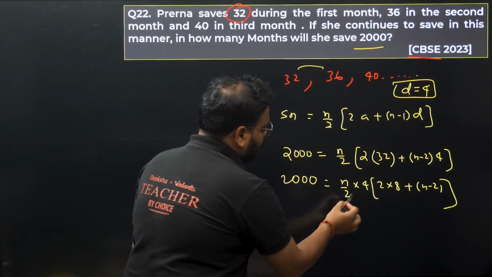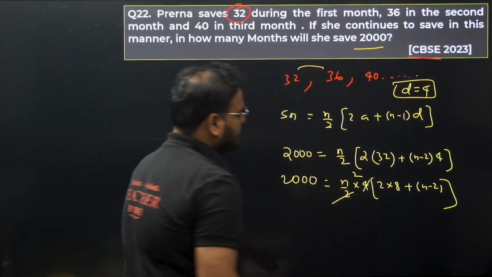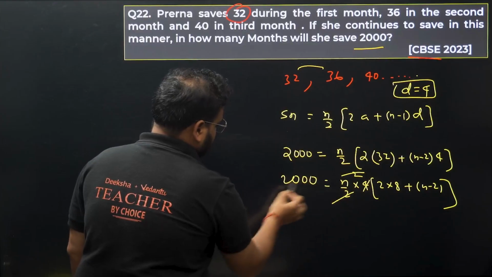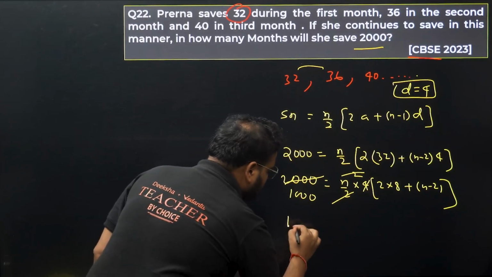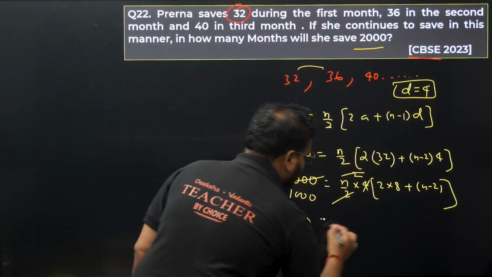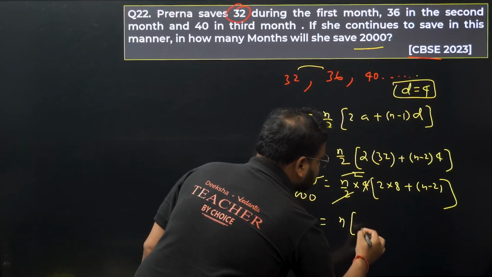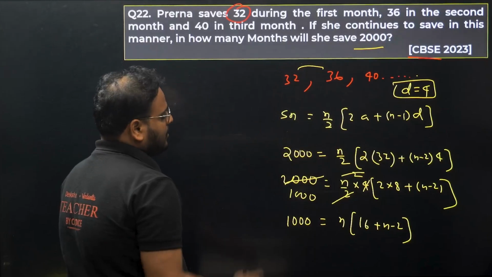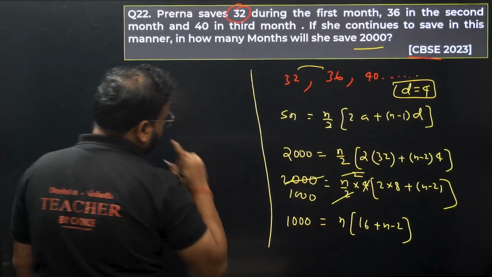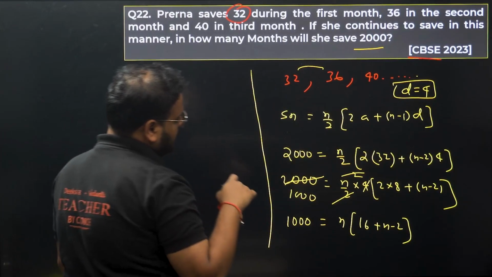Please check. 2 2s are 4. This 2 is cancelled, and this 2 cancels with 2000 to give 1000. My equation now is 1000 equals n times 2 into 8 is 16 plus n minus 1.